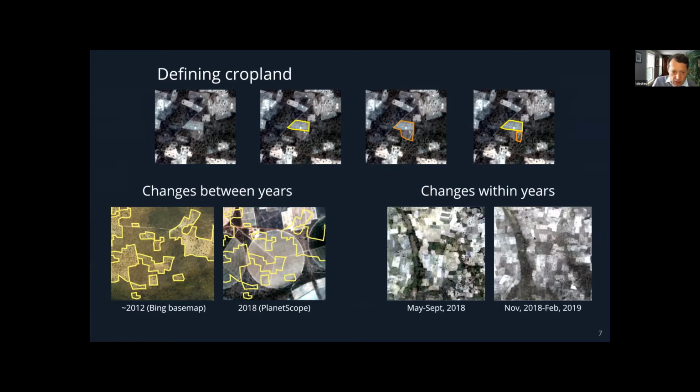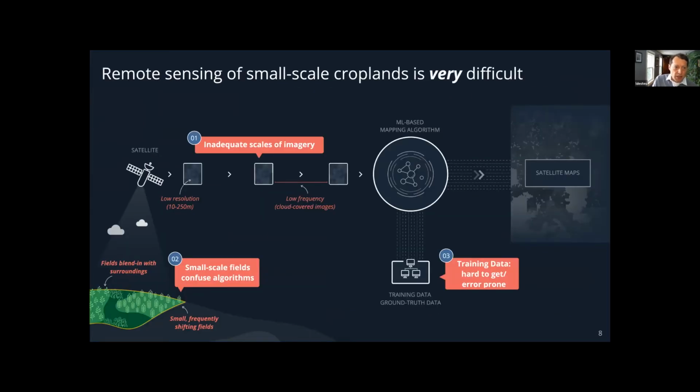So these croplands are really dynamic, and that makes remote sensing of them, accurate remote sensing of them, very difficult. I would put that down to three major reasons. The first is that the imagery that we typically have available, I would argue, to study these things at large extents is often inadequately scaled for the task.